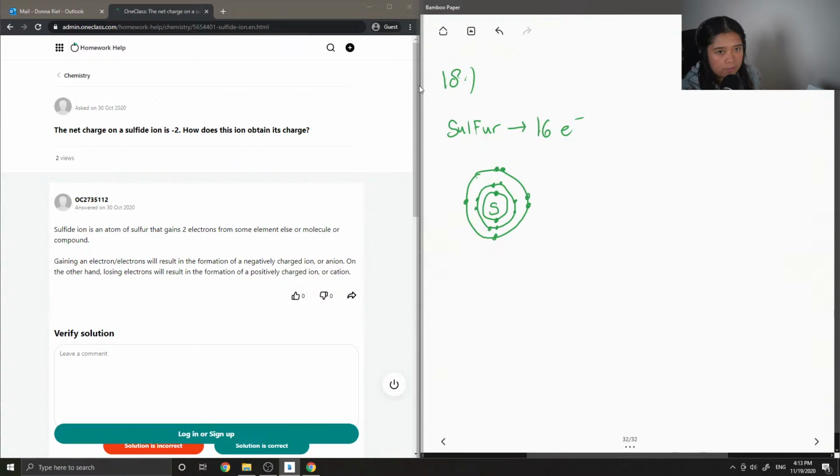Okay, so if we look at the outer ring of a sulfur atom, you'll see that there are 6 valence electrons. So there are 6 electrons in the outer ring. And in order to gain a full octet, to be more stable, it needs 2 electrons to gain a full octet.